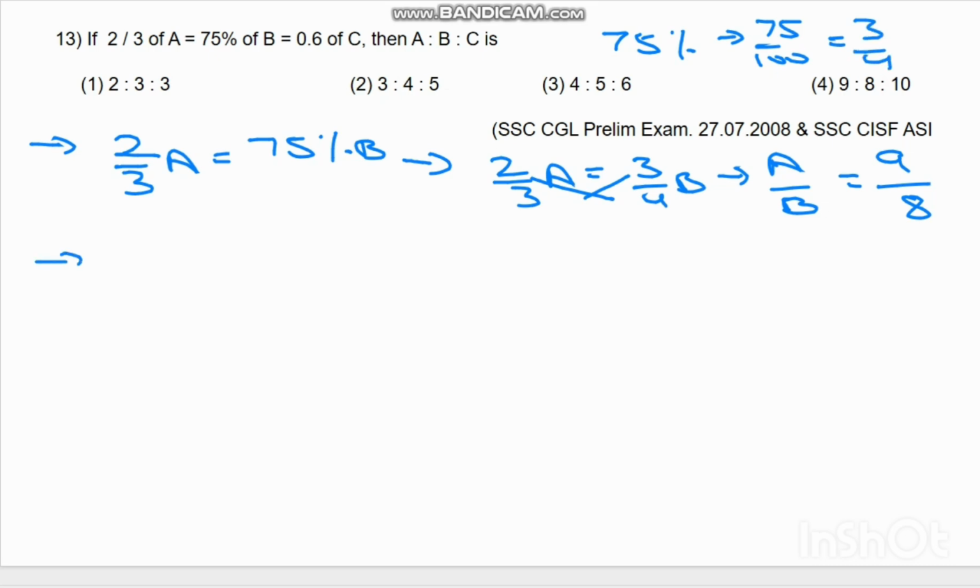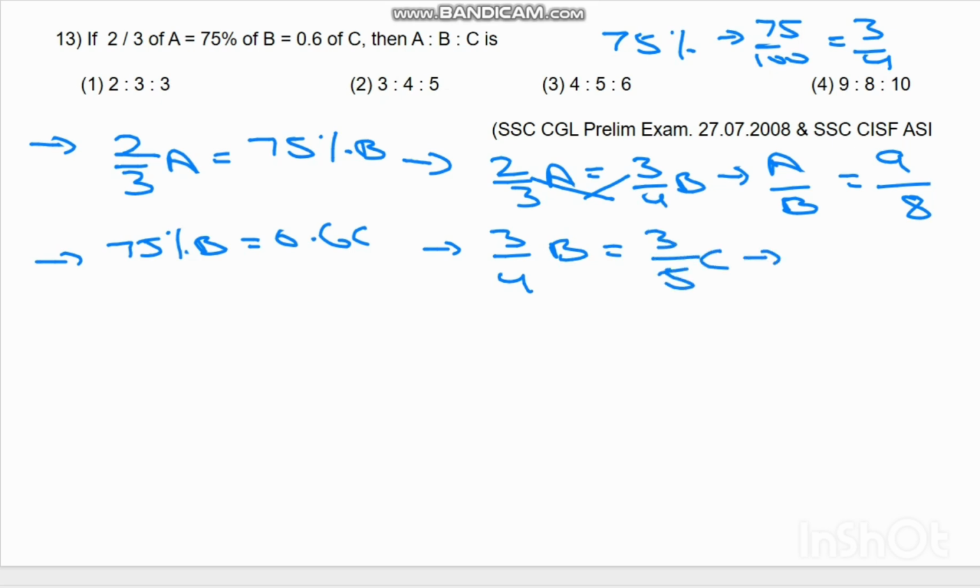And also given that 75 percentage of B equal to 0.6 C. So we know that 75% is nothing but 3 by 4 B and 0.6 can be written as 3 by 5 C. So B by C equal to 3 4 is 12, 12 5 is 3 5 is 15, 12 by 15, nothing but 4 by 5.